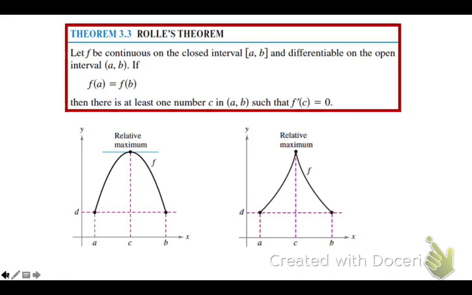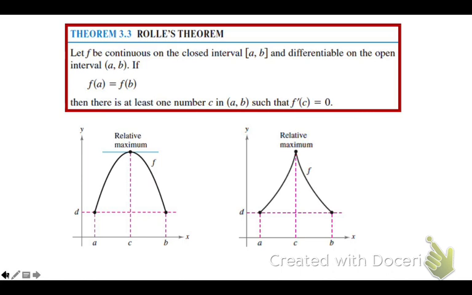So Rolle's theorem says, let f be a continuous function. Okay, let it be a continuous function on the interval a, b included and it's closed, and differentiable on the open interval (a, b), so it can't have holes in it and things like that.